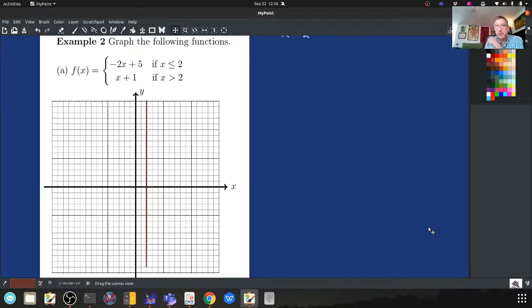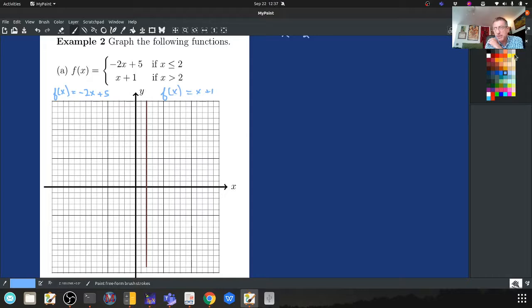And what I do is I write on this side the rule f of x is equal to minus 2x plus 5 for elements down here in this portion of the domain, all the way up to and including x equals 2, which is right here. On this side, I have f of x equal x plus 1.